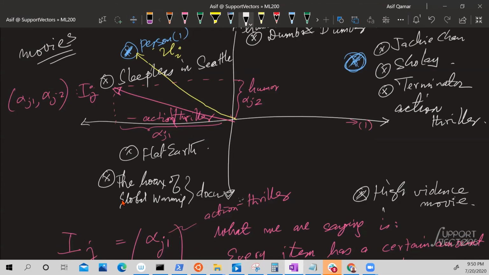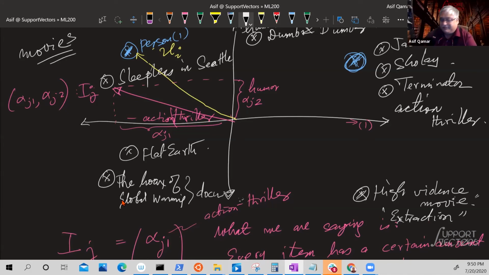There is just meaningless, humorless violence. Extraction. Okay. So, no disrespect to that movie, but let's say that it's there, right? So you realize that this person, user I, is quite unlikely to like this movie. They seem to be at the other ends of the spectrum.